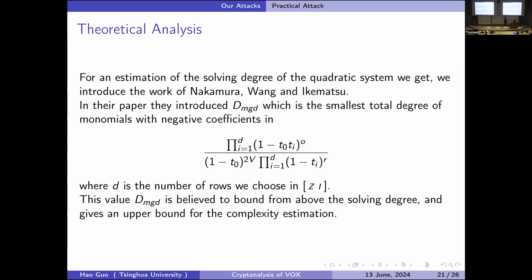We can use this series to look at these coefficients and try to find the lowest degree where they believe that this degree is bounded from above by the solving degree and gives an upper bound for the complexity estimation.